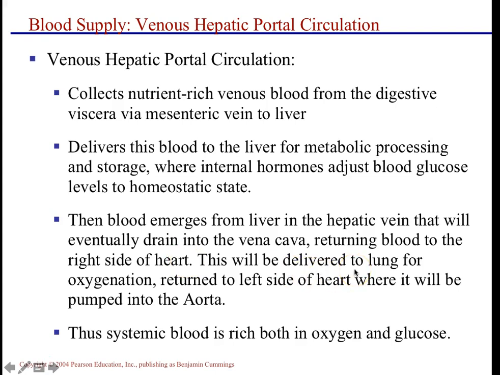This blood from the right side of the heart will go to the lung for oxygenation, return to the left side of the heart, where it will be pumped into the aorta, and then this aortic blood, this systemic blood, will be rich in both oxygen and glucose and other monomers like amino acids and fatty acids, etc. And that is what is going to guarantee that the cells of the body get the oxygen, get the glucose, get the nutrients, minus the toxins, minus the poisons, and minus the microbes.